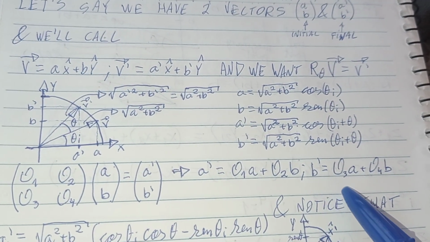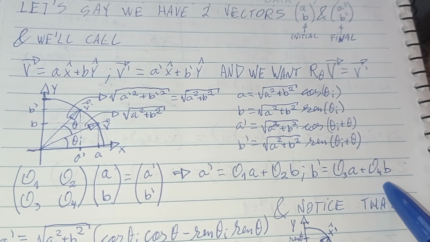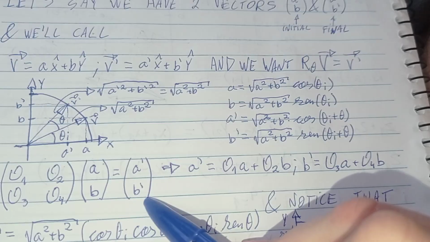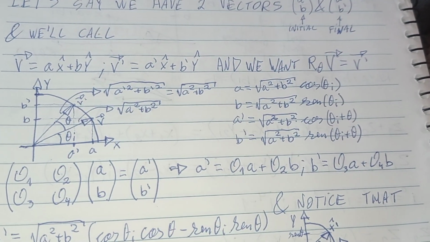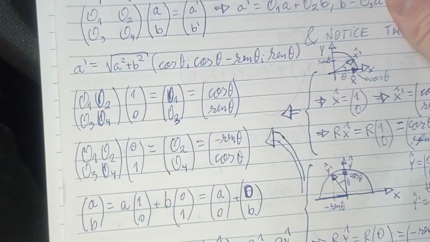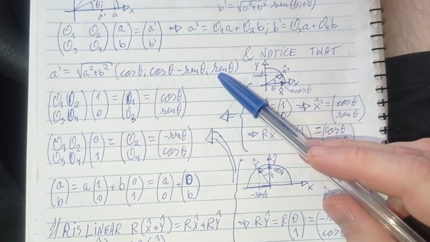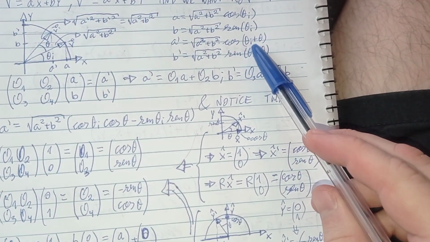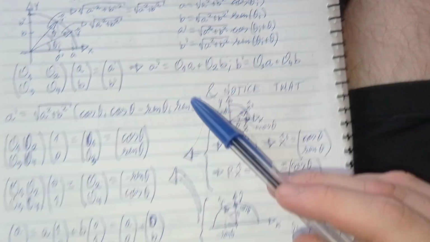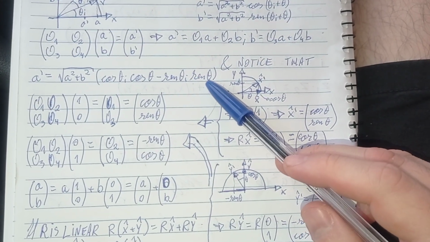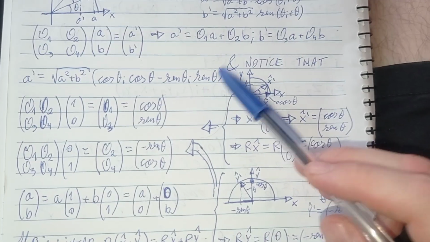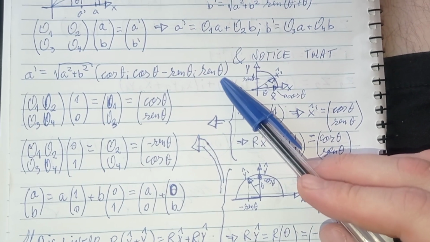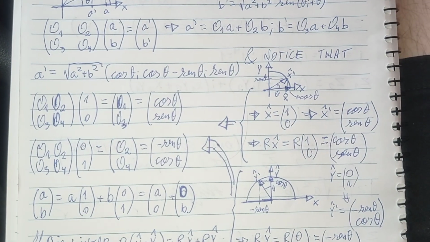And B prime is going to be O3A plus O4B, which is the second horizontal with the vertical to give us the second element of the vector. And if we expand the cosine with some of the identities that cosine have, we obtain this for A prime, and we can do several things.